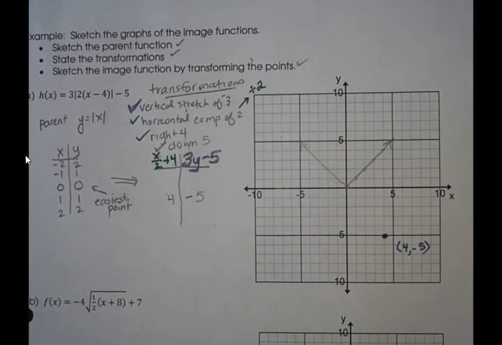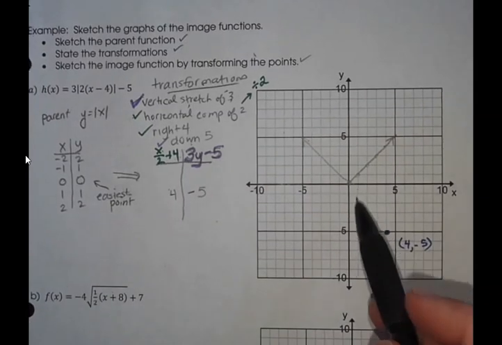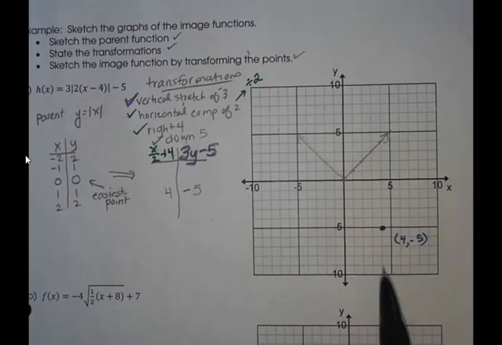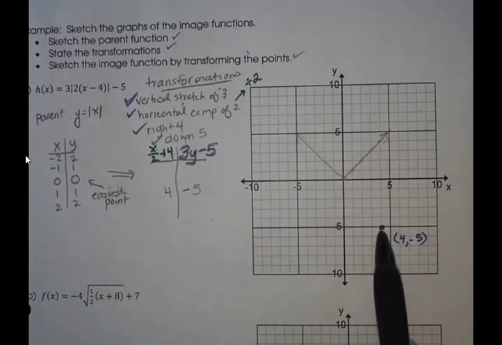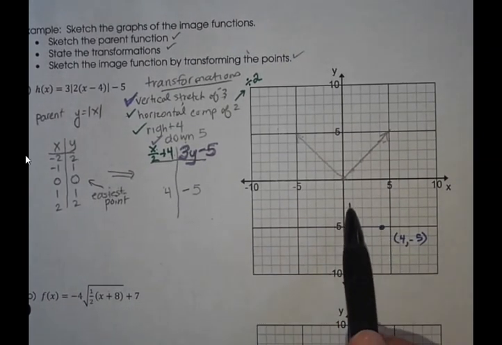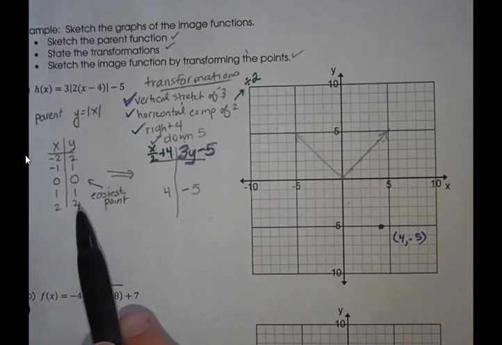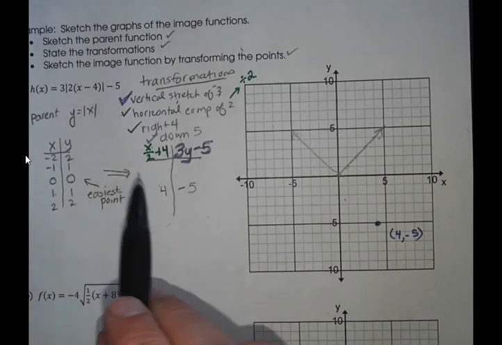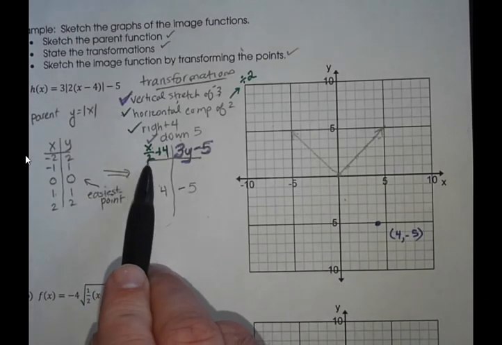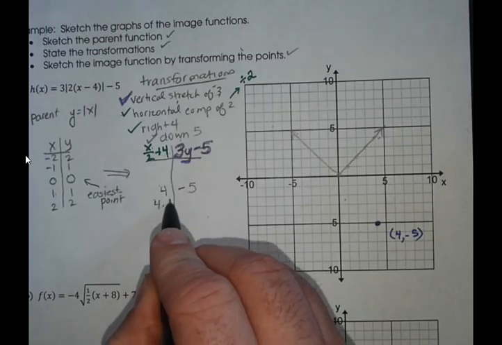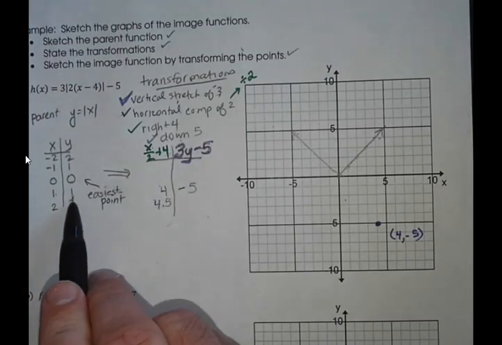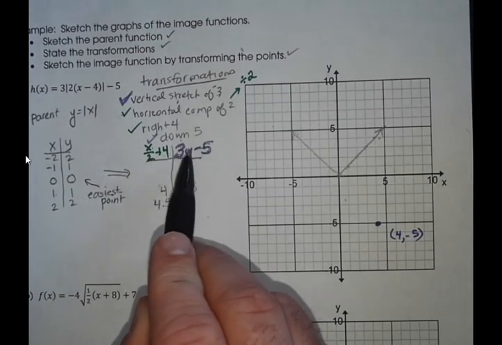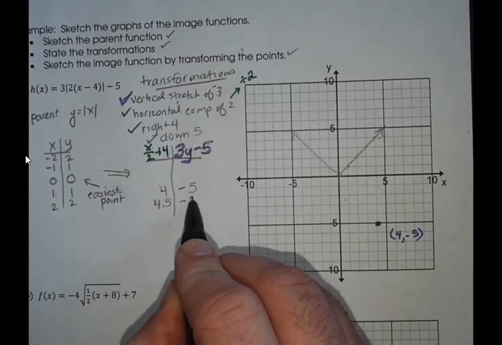Now, we also know that this is symmetrical, so whatever happens to the right of our vertex is going to match on the left side. So really, we only need to do the first couple here. All right? So now I'm going to put 1 in there. 1 divided by 2 is a half, plus 4, that's 4.5. And then 1 times 3 is 3. 3 minus 5 is negative 2.